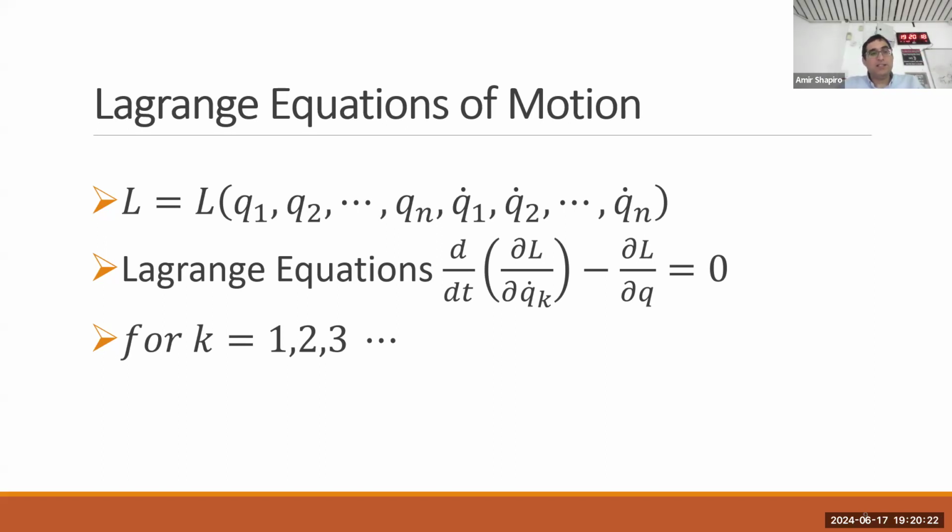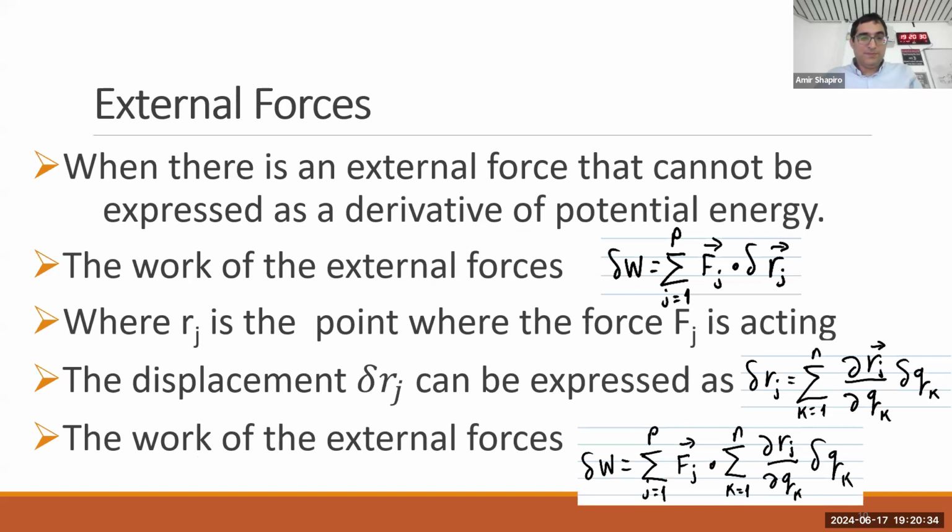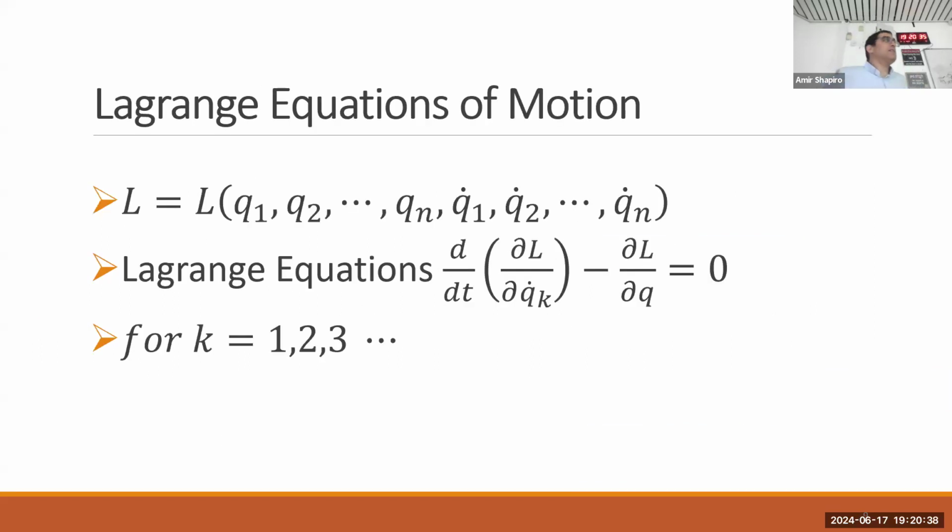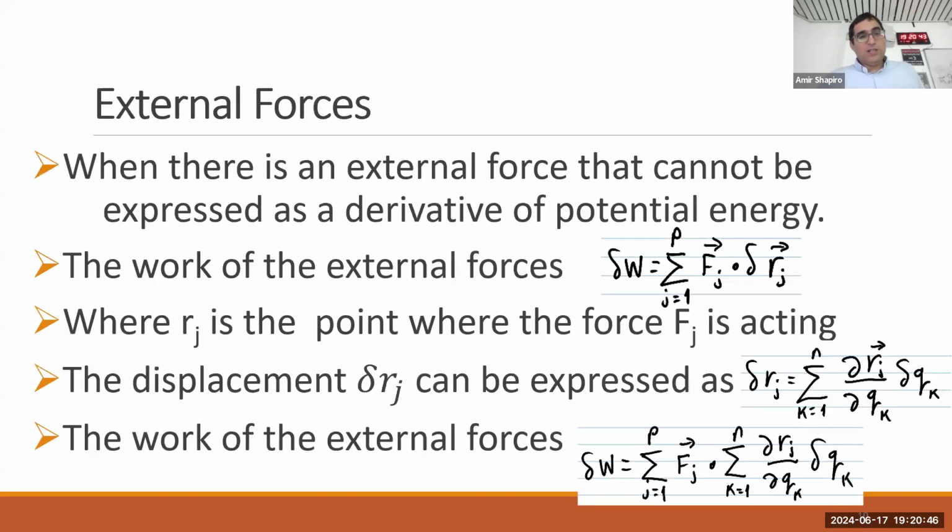And this should be 0, and it should be for all the configuration parameters k. This is clear? You all know this? Okay, good. Now we can discuss external forces.